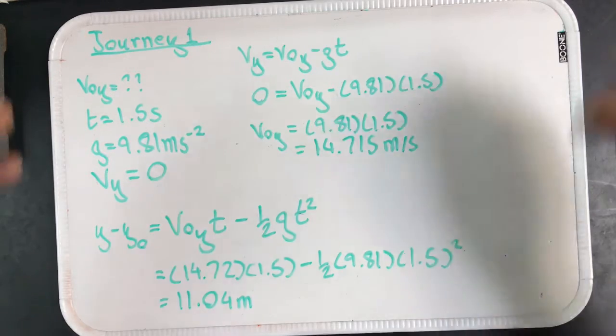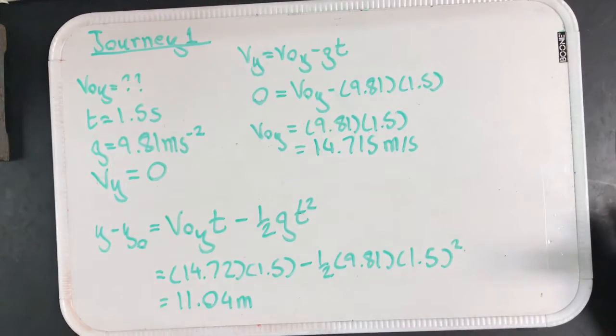And we can go over a few things straight from the beginning. We know that the motion is symmetric. It returns to the exact same point from which it was launched from, the ball. And it took 3 seconds to go all the way up and come all the way back down. So it must have taken 1.5 seconds to get to the top, or its maximum height, and 1.5 seconds to come back down.